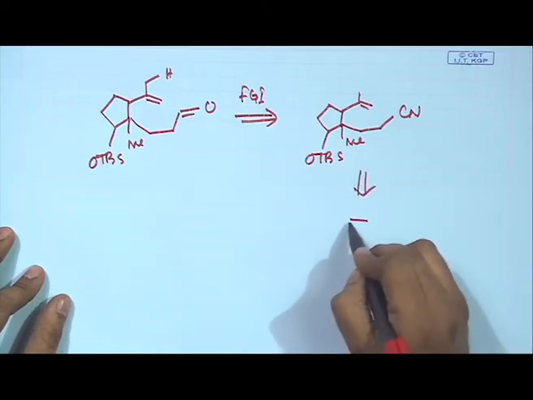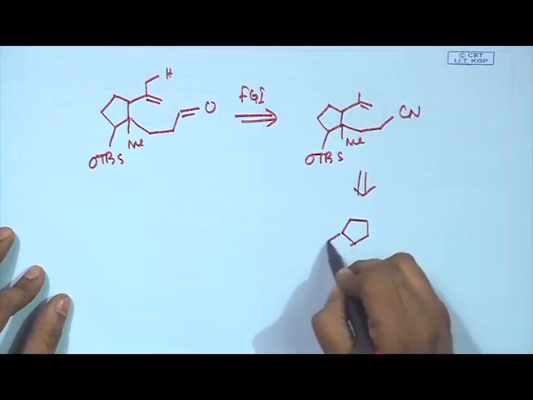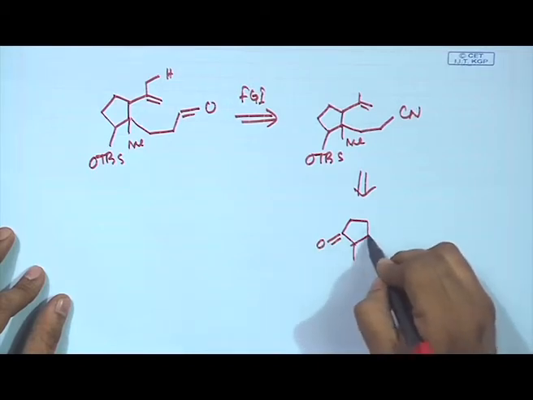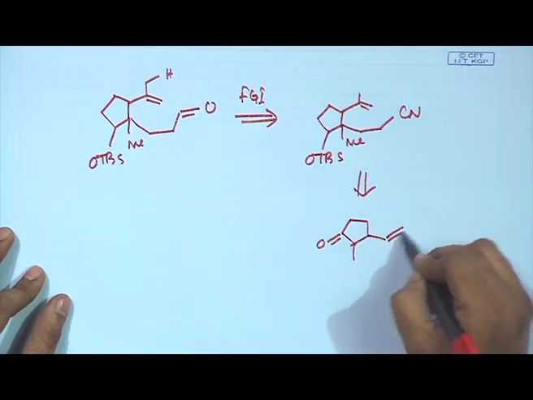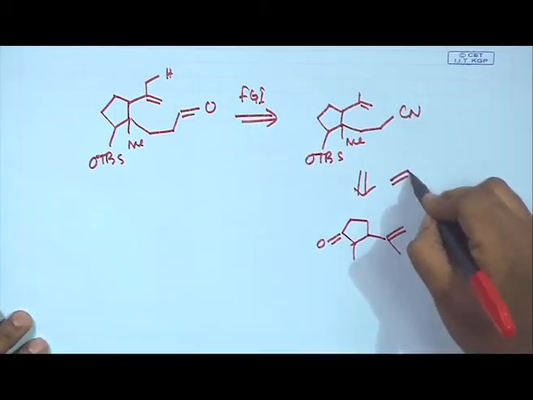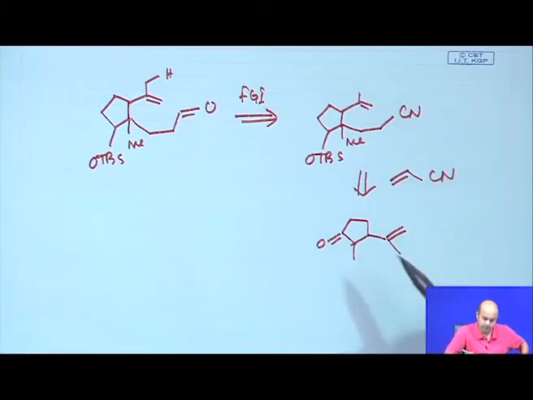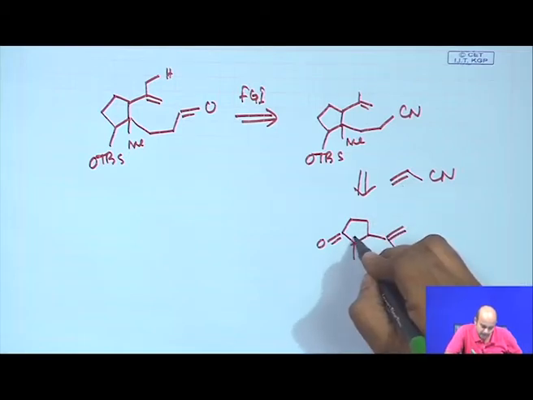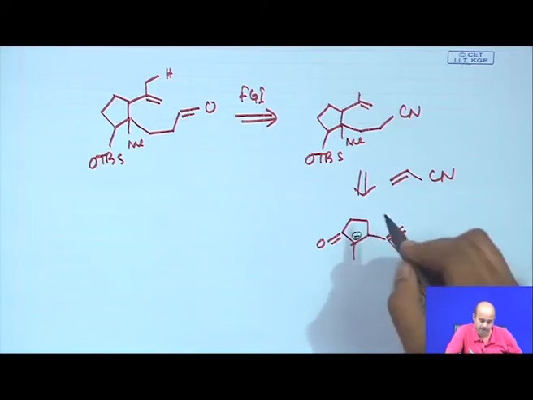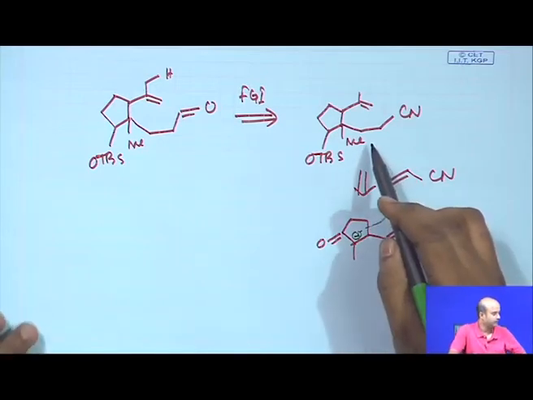Next, what will we do? We will check it. If you have this compound, you have this methyl, and if you have this starting material, basically we are now trying to figure out if you can think about doing a Michael reaction. A Michael reaction with whom? Acrylonitrile. You can generate a stable thermodynamic enolate here, and this enolate will react in 1,4 fashion to give you this compound.